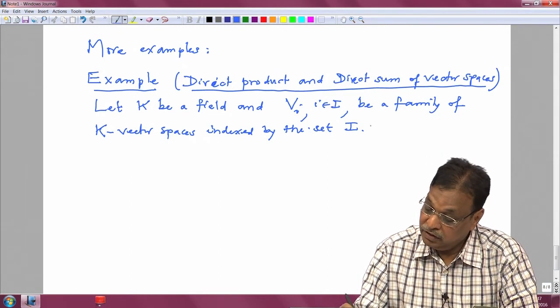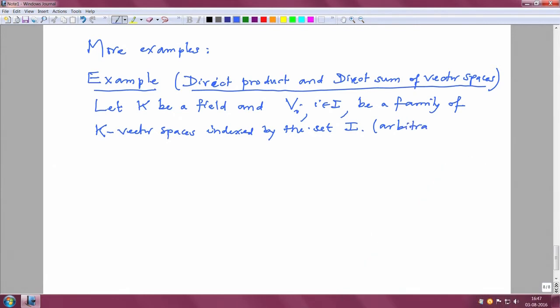So, I is arbitrary. On each Vi, each Vi is an abelian group. Strictly speaking, for each i, this abelian group structure on Vi would be different. So, strictly speaking, I should write some suffix i.